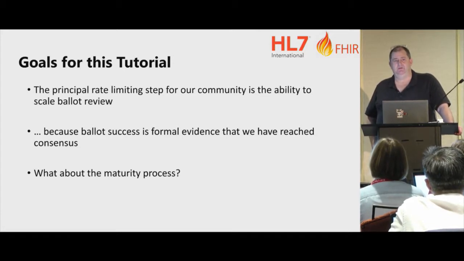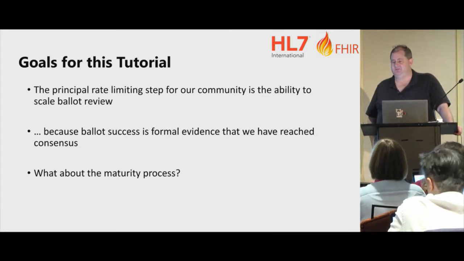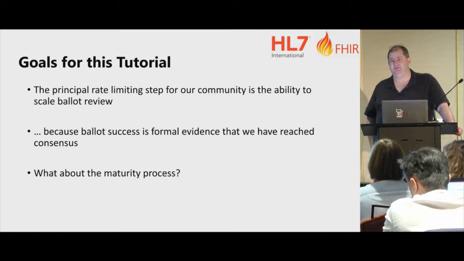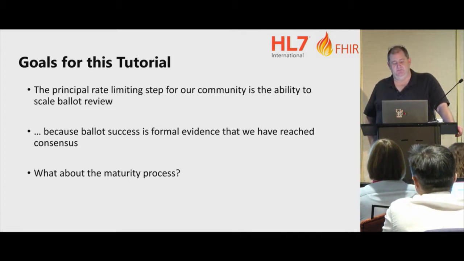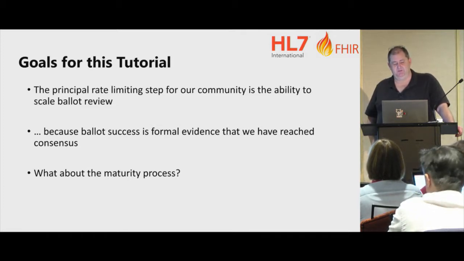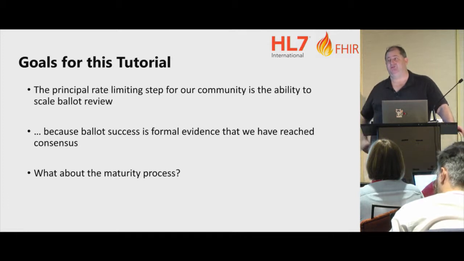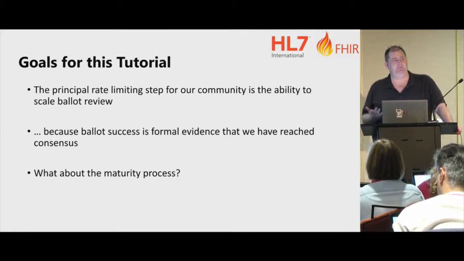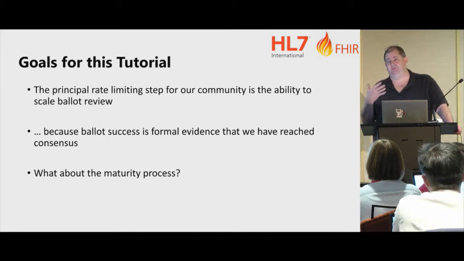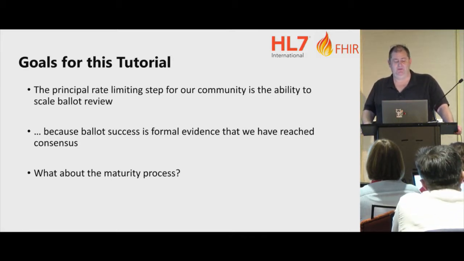The number of ballot comments is fairly constant, and we're just spreading it over more and more guides, so they're getting less and less review, and there seems to be less confidence amongst people around this. And so we're now trying to figure out how to stop stuff going to ballot, not because we can't produce the ballot material, but because the community is not keeping up.